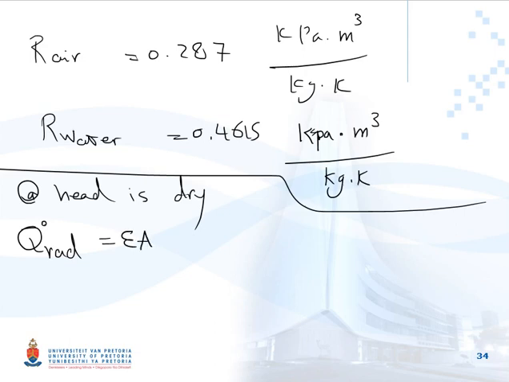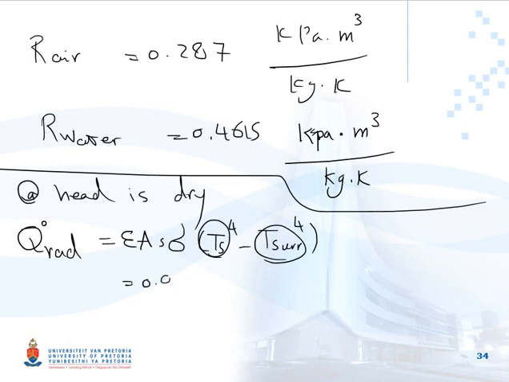So basically it will be epsilon, Stefan-Boltzmann constant, T surface to the power of 4 minus T environment to the power of 4, but you know that these temperatures need to be in Kelvin. So 0.95 times pi times 0.3 squared square meter, times the Stefan-Boltzmann constant, and after that those two temperatures in Kelvin to the power of 4 minus, basically gives us, please calculate it at home, 8.3 watt.